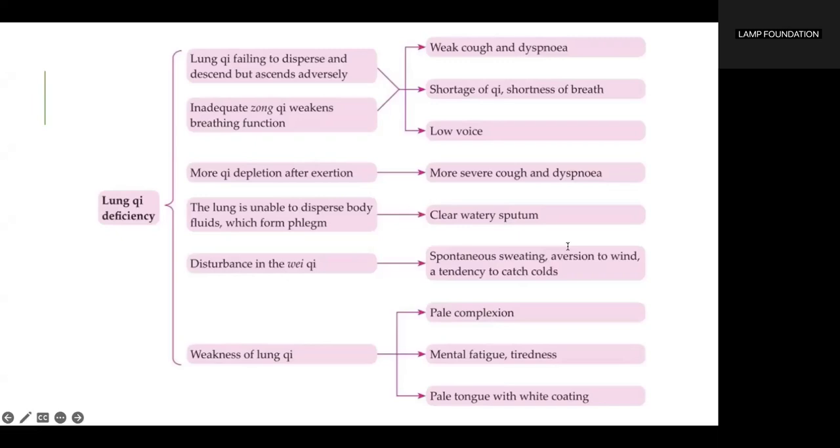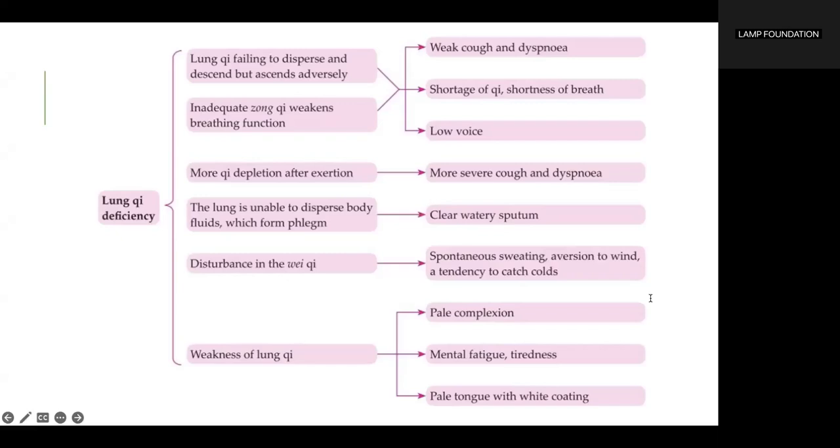Furthermore, a lack of exercise will mean that the qi mechanism in the upper jiao is not supported by physical movement. Lung qi can be weakened by repeated invasions of exogenous pathogenic qi, or if there has been an invasion of exogenous pathogenic qi that has not been properly resolved, for example through the use of antibiotics.